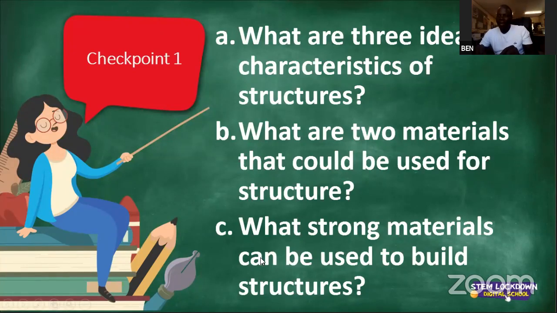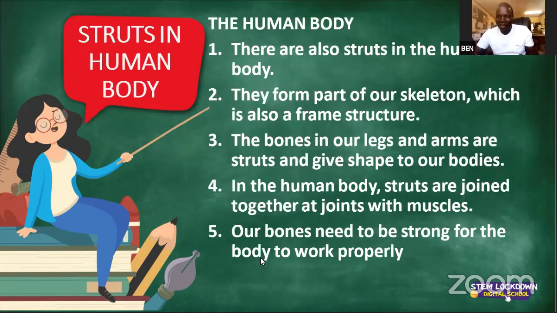If you can imagine, if you did not have the bones, you would roll like a ball. You would be just rolling on the ground. So the bones help you to stand up. These bones are called the struts of the body. They give you the shape.